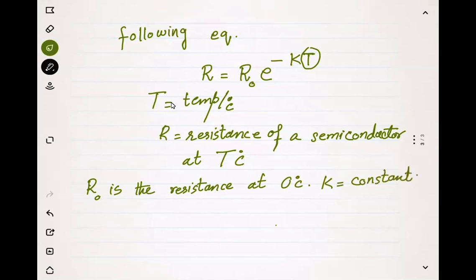So we have to relate two things. One of them is the temperature, and the other thing is resistance. So we want to relate the temperature with the resistance. For this purpose, before anything, we'll go with rough work.